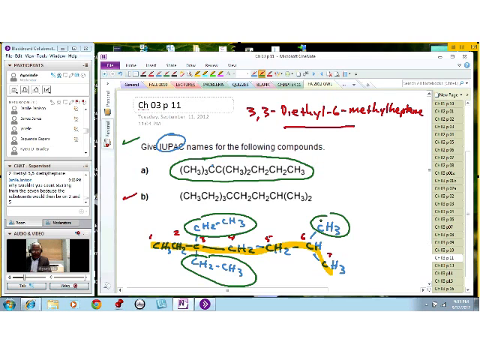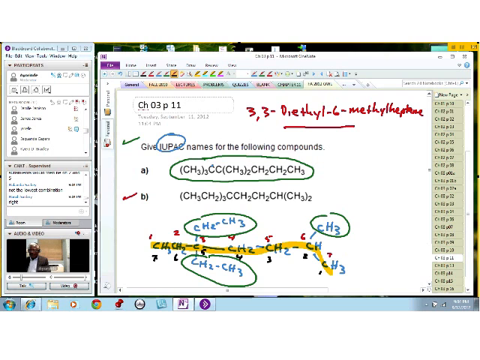Okay, folks, we have come to the end of. Oh, somebody says, why don't we count from this other carbon here? Okay, that's a good question. So if we counted from here, let us do that just for the sake of this discussion. 1, 2, 3, 4, 5, 6, and 7.